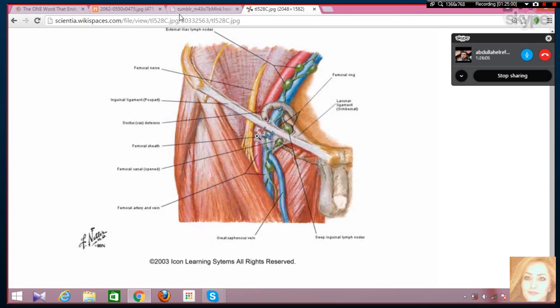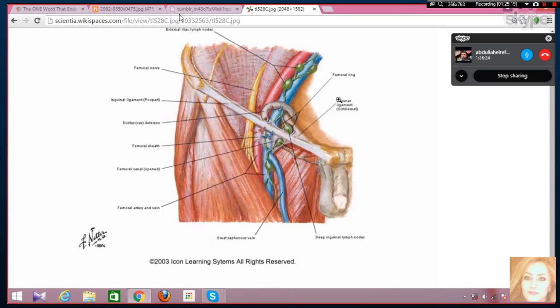Which blood vessels? Femoral artery and vein. Very good. Lacuna lymphatica, lymph vessels. We have the biggest lymph nodes of our body here, the Rosenmuller lymph nodes. Okay. Do you have any questions?